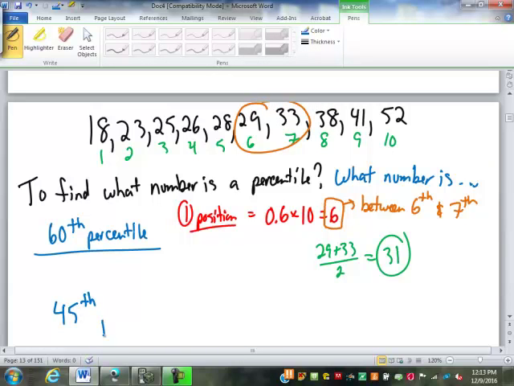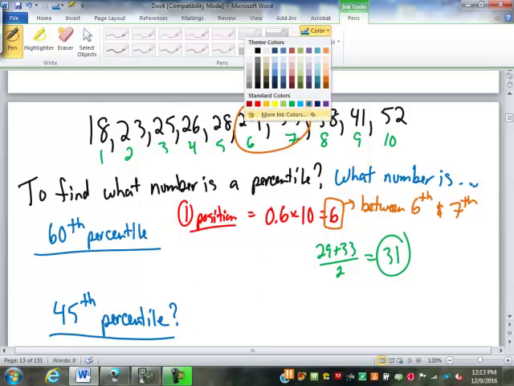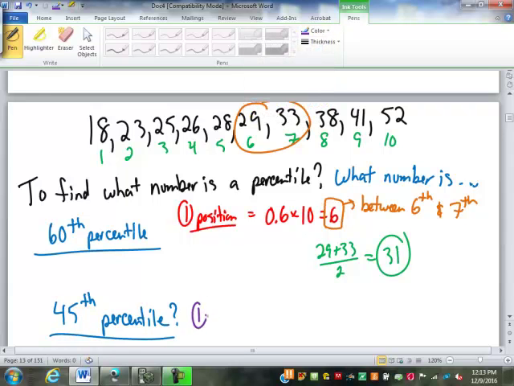What is the 45th percentile? So the position is going to be found by doing what? .45 times 10, which is 4.5.